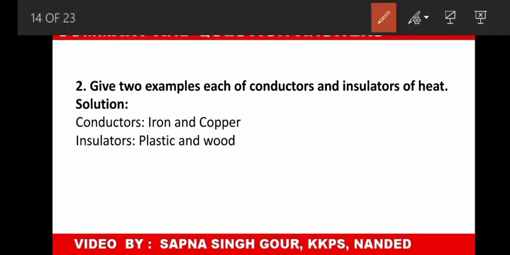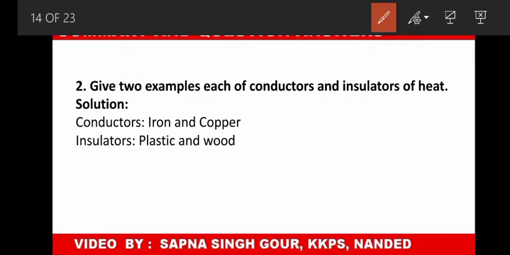Now as we have studied, what are conductors? Conductors are nothing but the materials or objects which allow heat to pass through them easily, whereas insulators do not allow heat to pass through them.